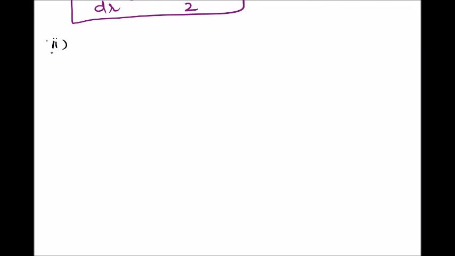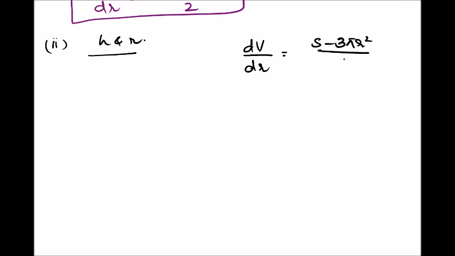Now moving on to the second question. Maximize the volume of each tumbler and relate h and r. To find the maximum volume, set the first derivative to 0. We have the first derivative, that is dV by dr is equal to S minus 3 pi r square divided by 2.